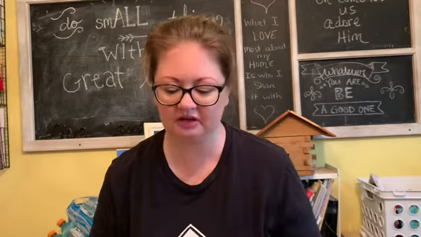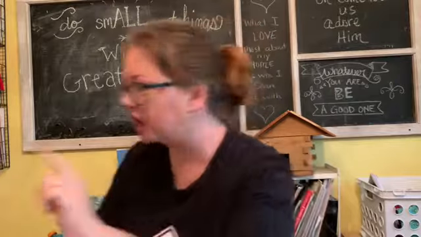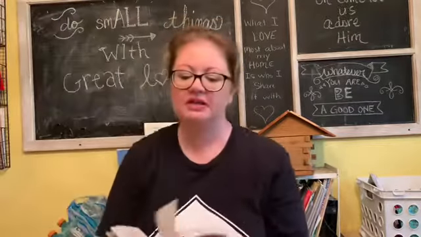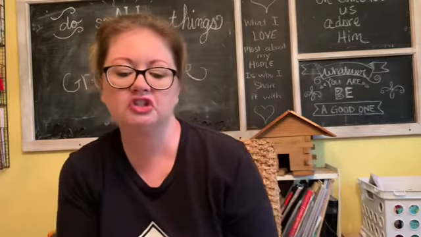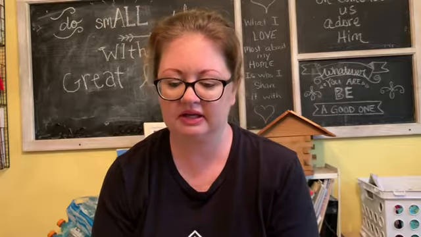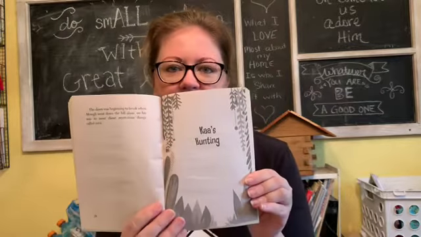Now, we are going to talk about your reading for the week. So, let me get my book. Last week, you were supposed to read the first part of the Jungle Book. Okay, so this week, you are going to read the second part, which is called Cause Hunting.